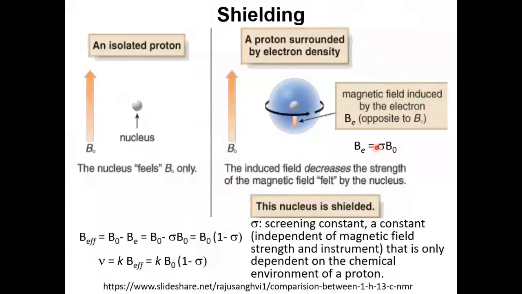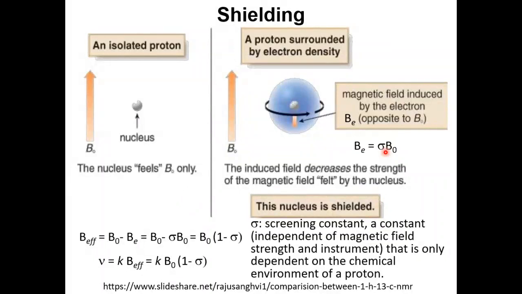And this sigma is called the screening constant, okay? This is a constant independent of the magnetic field strength of the instrument. It's only dependent on the chemical environment of the proton. And this sigma usually depends on the electron density around the proton.